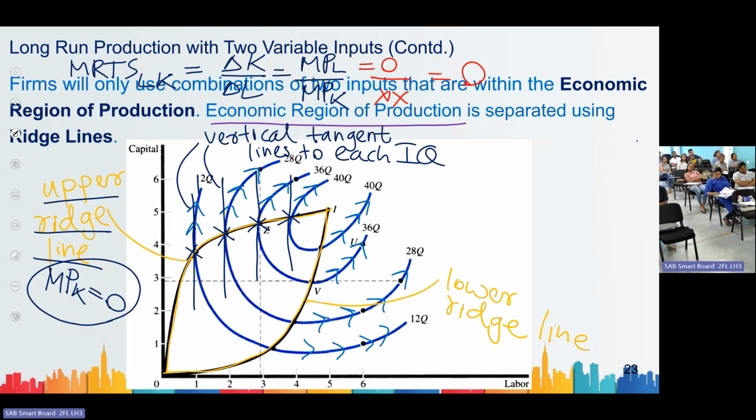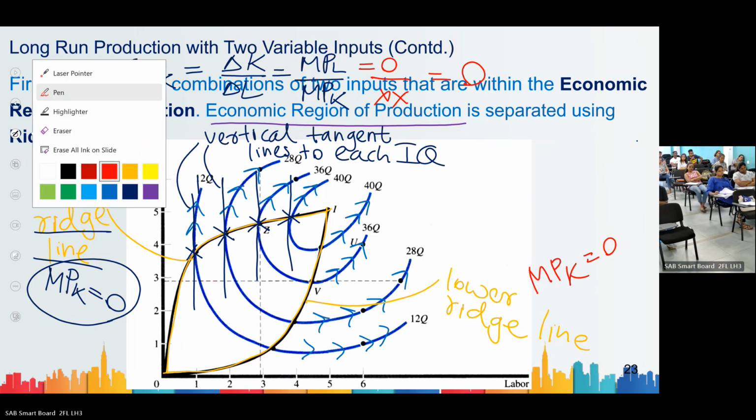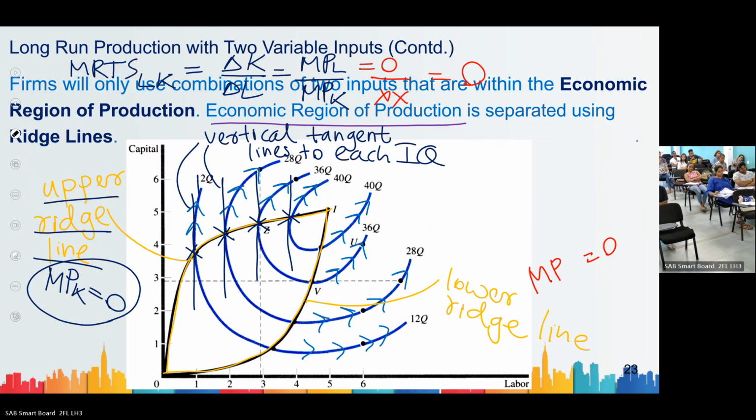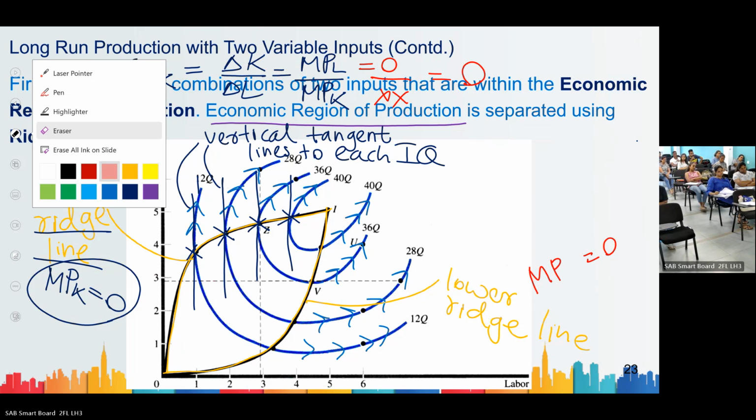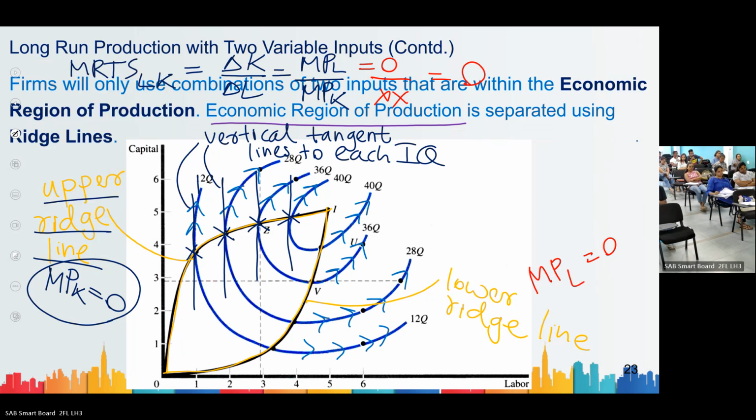So we draw the upper ridge line by combining the points where MPK is 0, and the lower ridge line by combining the points where MPL is 0. So when MPL is 0, MRTS will be 0.